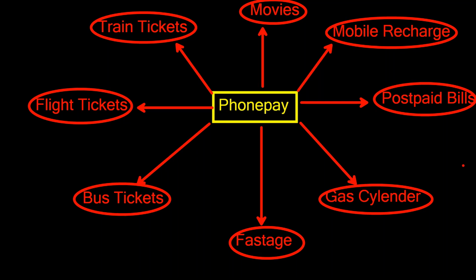In this PhonePe app, all services are integrated and connected to PhonePe only. So there is no need to install 8 or 10 apps in our smartphone. Only one app supports all the services.